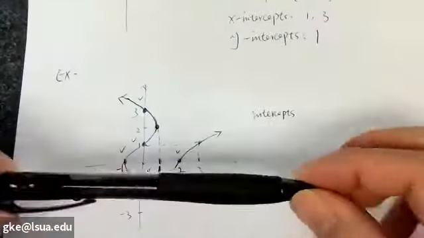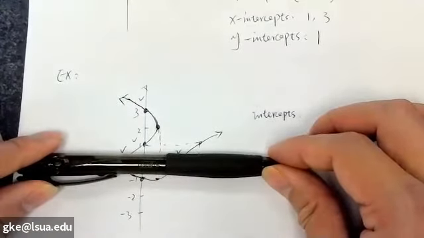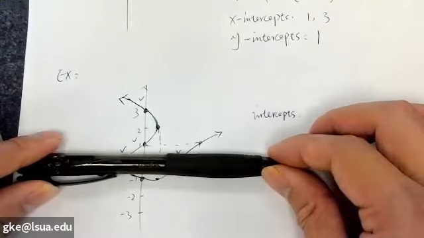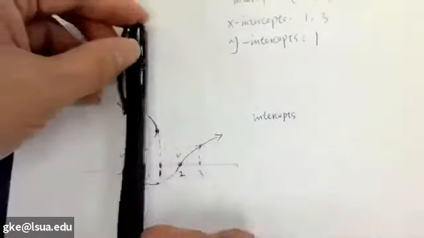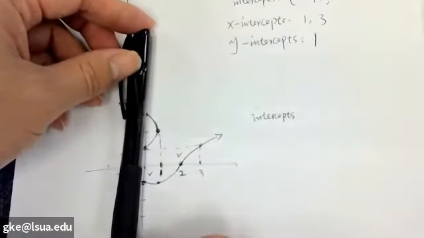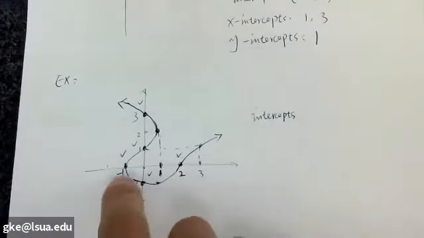Just use your pencil, put there, take a look whether the curve crosses or touches this x-axis or y-axis. I think it should be very straightforward, right? You can easily find these 5 points.